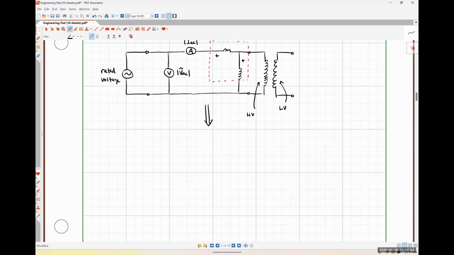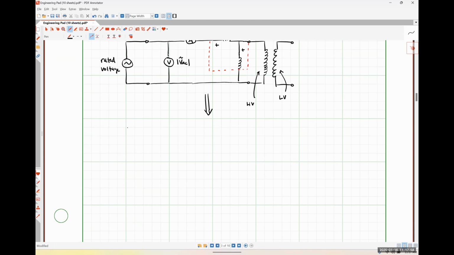So this measurement circuit looks like this. Here is that voltage VAC that's measured by our voltmeter.